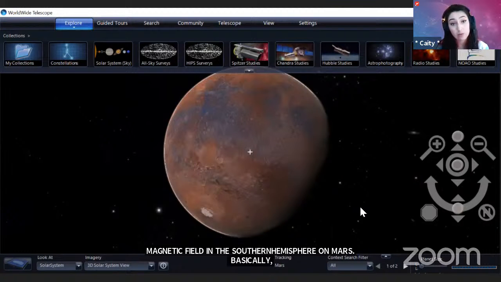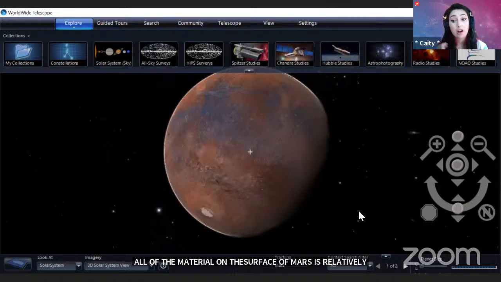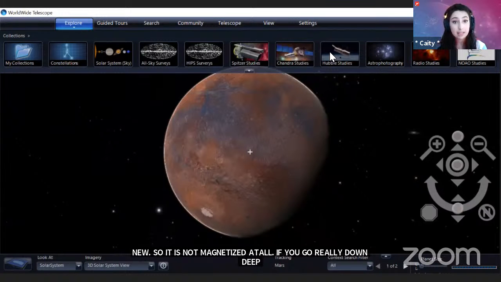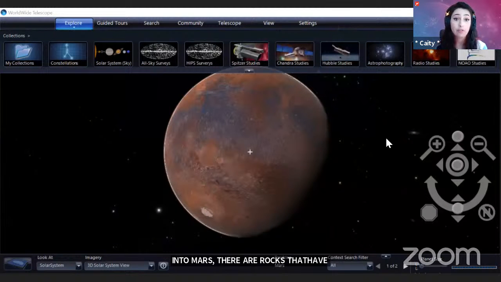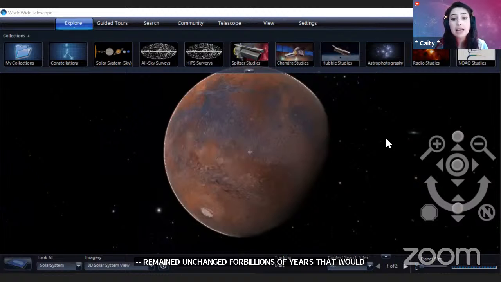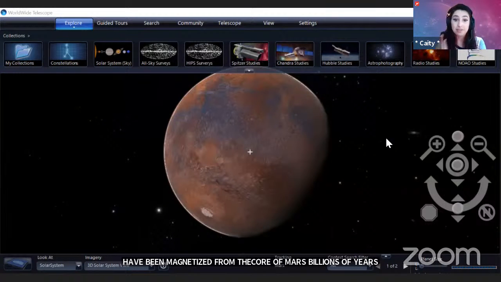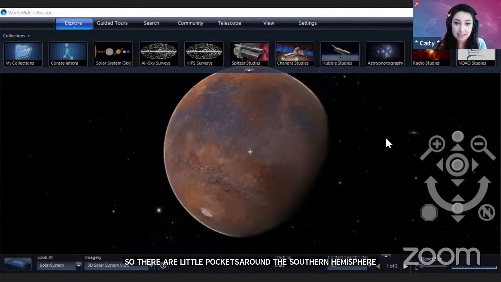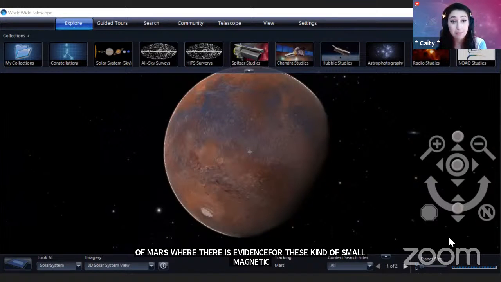But if you go really deep down into Mars, there are rocks that have remained unchanged for billions of years that would have been magnetized from the core of Mars billions of years ago, back when it actually had a full dynamo. And so there are little pockets around the southern hemisphere of Mars where there's evidence for these kind of small magnetic fields that still exist. So no overarching protective magnetic field on Mars, but it does have these little spots.